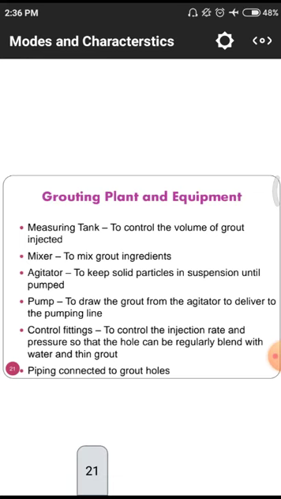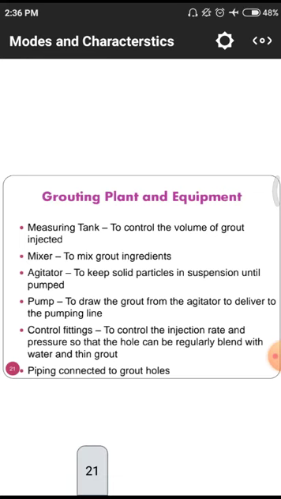Next one is the agitator, to keep solid particles in suspension until pumped. They have to go for the agitator instrument. Normally, whenever we use these grouting materials, we have to wait a few minutes. If it is a chemical substance, there will automatically be some formation of a bond, as initially they are in positive and negative charges.